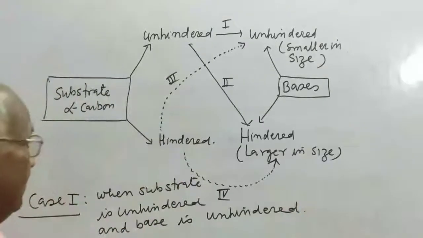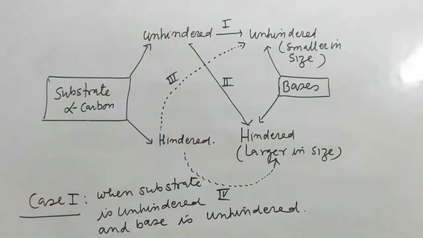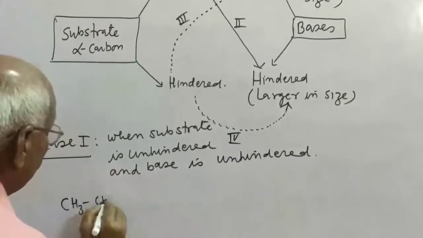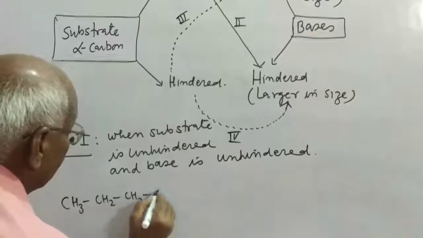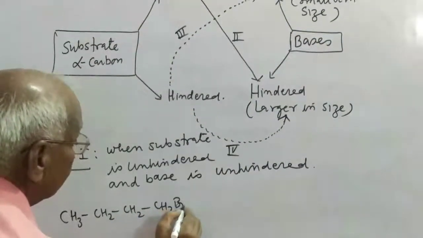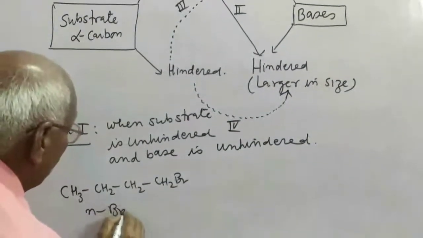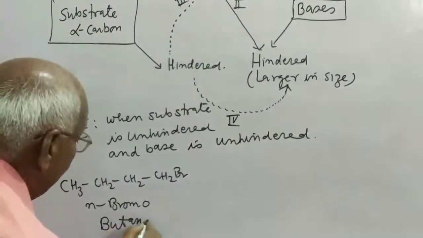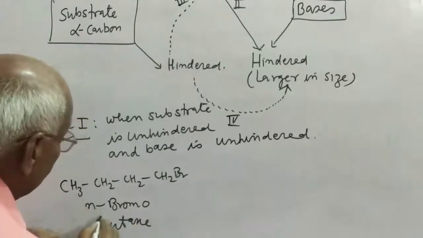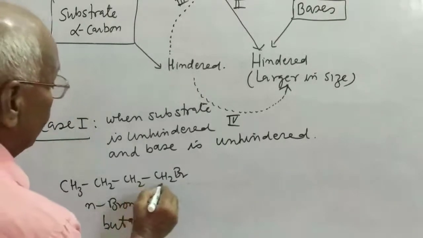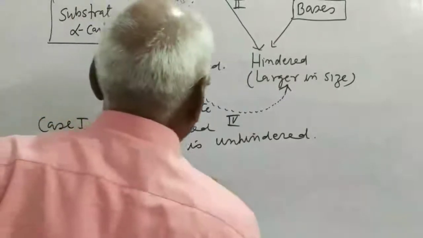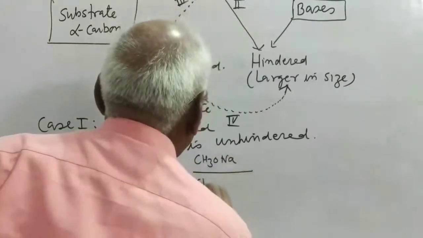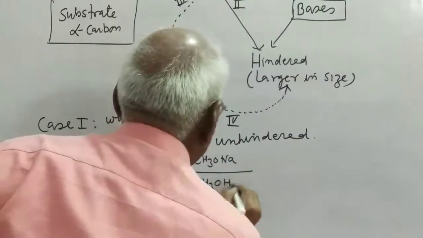What happens? See with example. Say I am taking normal butyl bromide. This is N-bromobutane, where alpha is unhindered, and the reacting base is sodium methoxide in presence of excess of methanol.